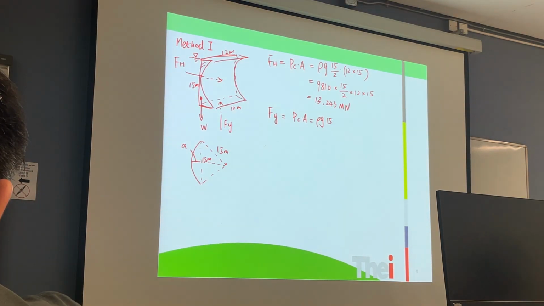Now this angle, because all the edges are 15 meters, so that is 60 degrees and this is 30 degrees, an equilateral triangle. So x is equal to 15 meters subtract the 15 meters times the cosine 30 degrees, or the sine 60 degrees.